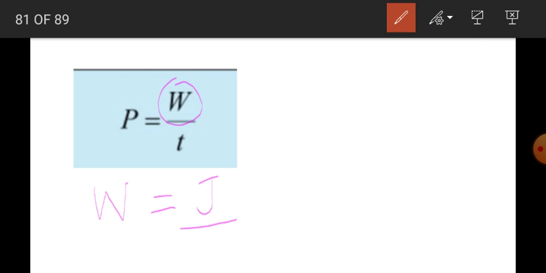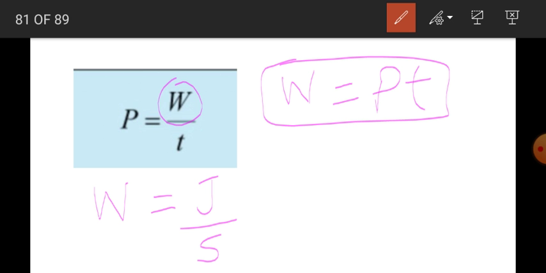And the unit of time is second, right? So if I bring second on this side, if I write this formula in this term, W is equal to PT. Using this formula we can derive the relationship between watt and joule, which is the unit of energy.